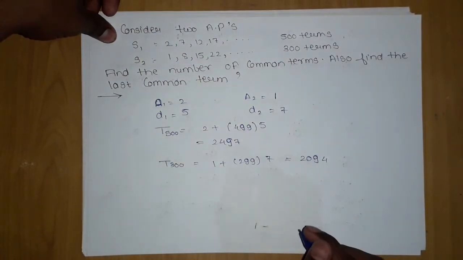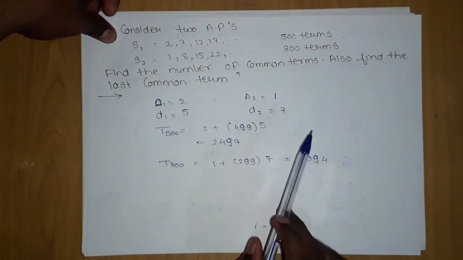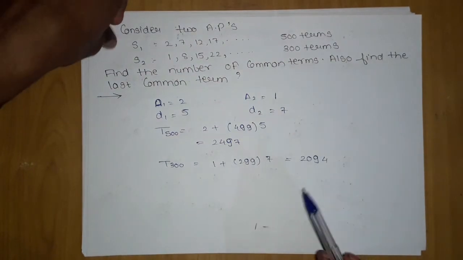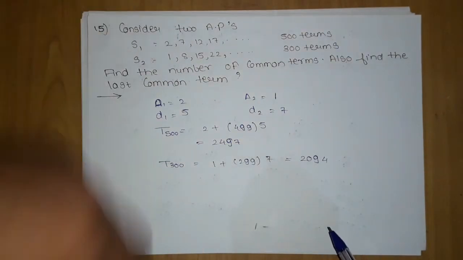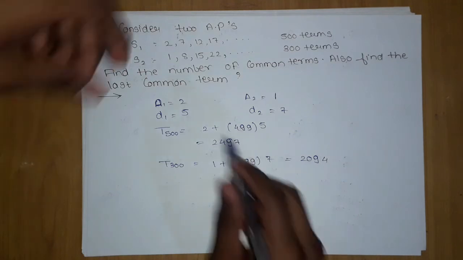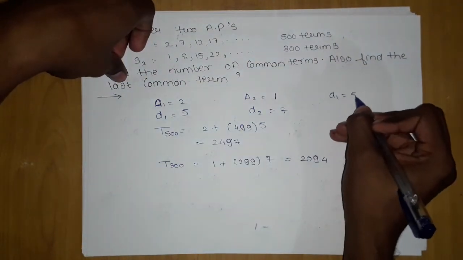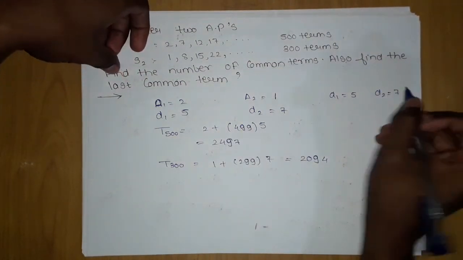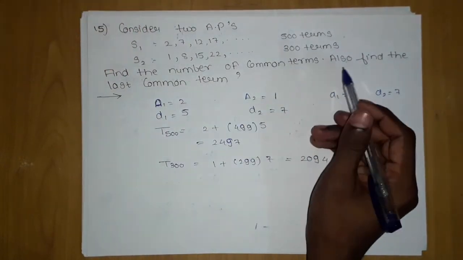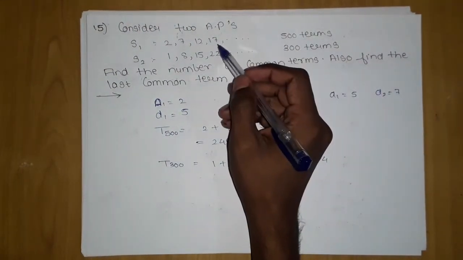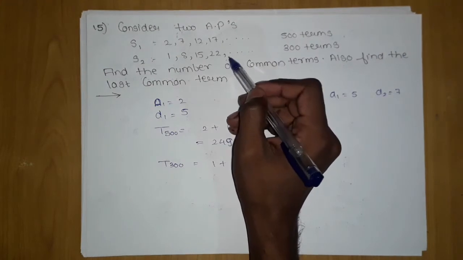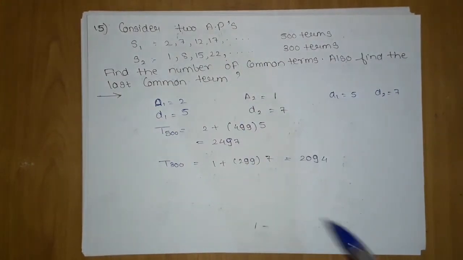Now let's find the number of common terms. The one thing you should know while solving this problem is that D1 is 5, while D2 is 7. We are asked to find the number of common terms, the terms in this sequence which are also present in the other sequence.